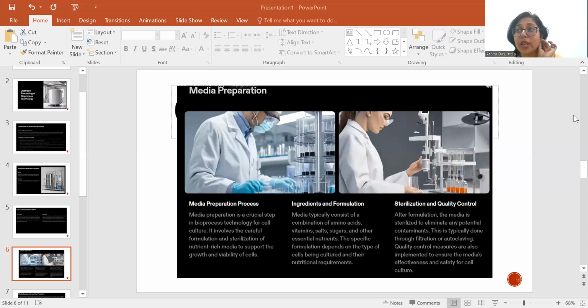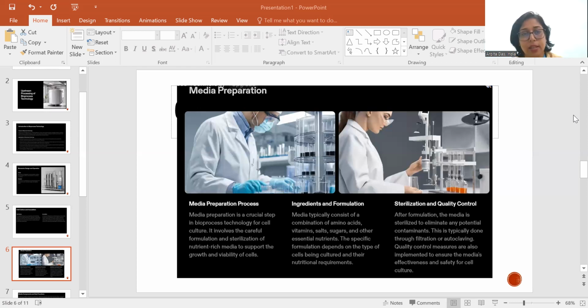Now, while we formulate a media, we need to think about buffers, because certain change in pH is not desirable in media formulation, because some microorganisms are capable of growing only at a perfect pH. Now if the pH of that medium gets changed by chance, their growth will be hindered.